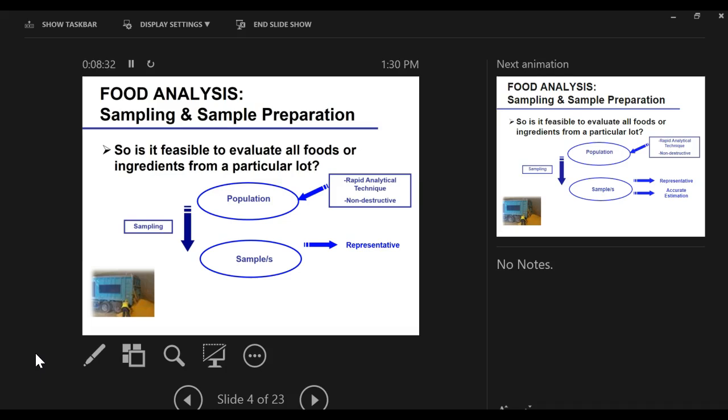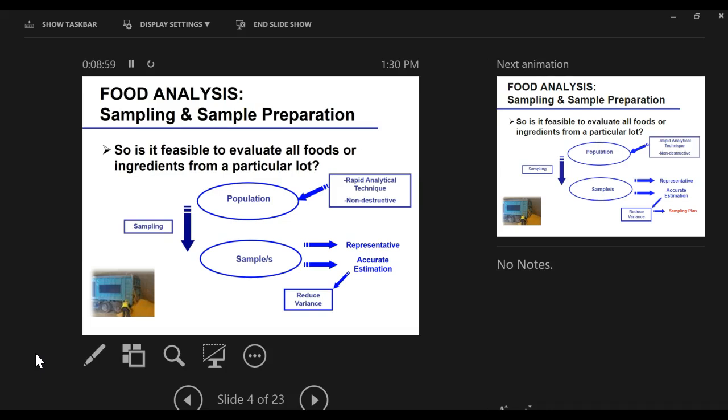So that means, this is what I was saying, accurate estimation. That means your representative samples should provide you an accurate estimation of the quality that you are assessing, based on which you make a decision. So what helps with the accuracy of estimation is the number of samples you pull out and how you select your samples.